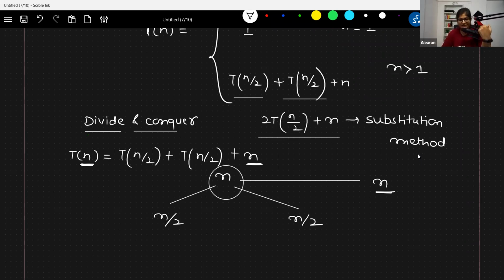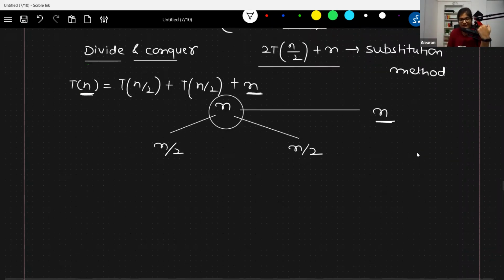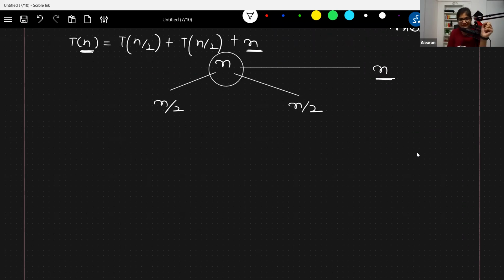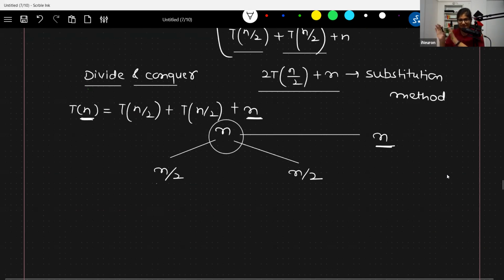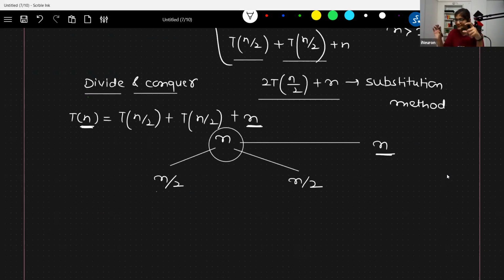Now, further, for the left side, again a split will happen. If I repeat the same task, we are trying to split these n data points into two parts. So there are two recursive terms that we have. What is recursion?